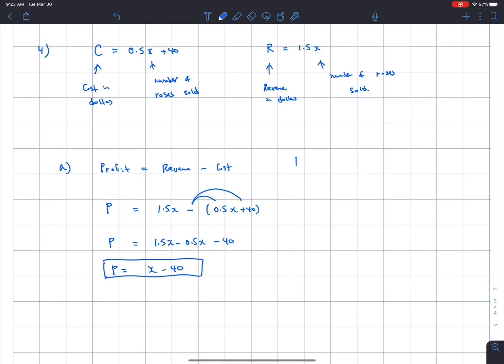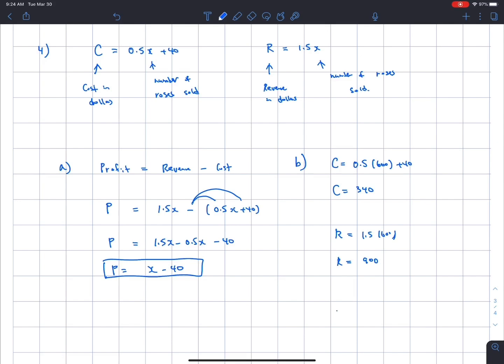B. Find cost, revenue and P if X is 600. So the cost is going to be 0.5x, X is 600, plus 40. We get C equals 340. The revenue R is just 1.5 times X, so 1.5 times 600, which is 900.